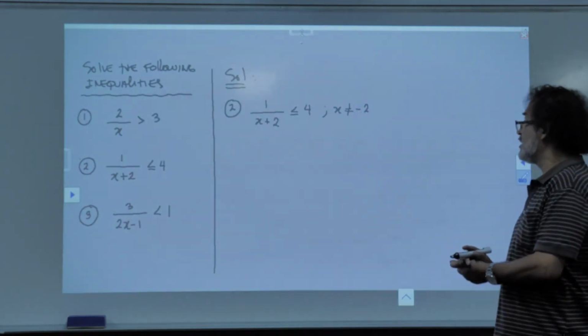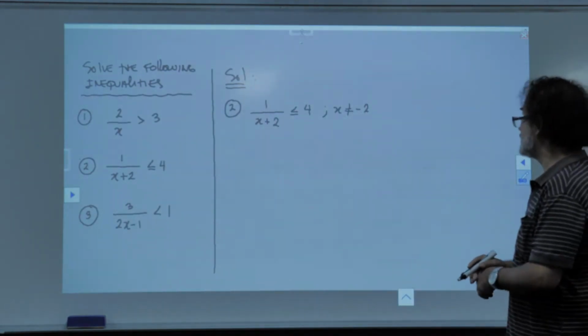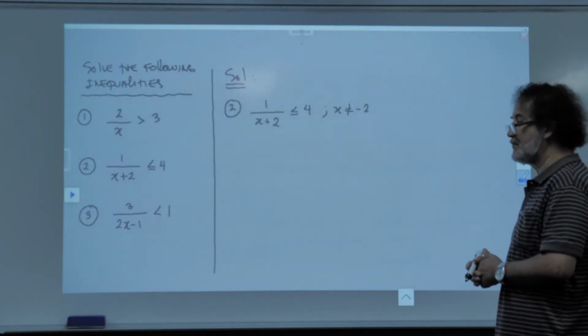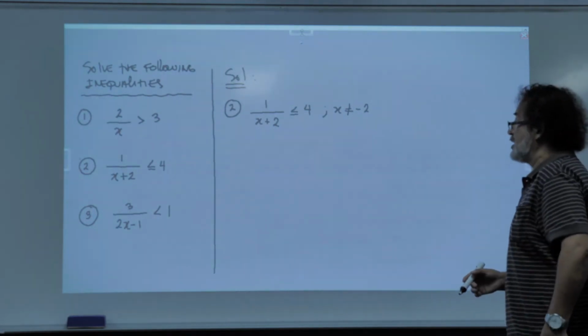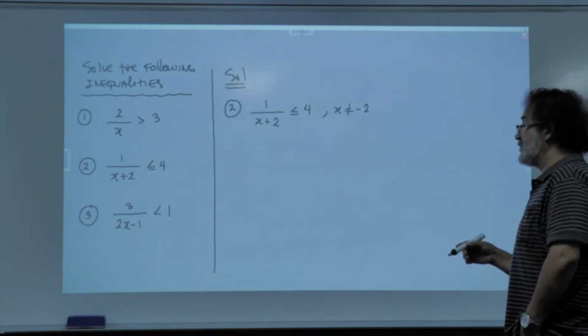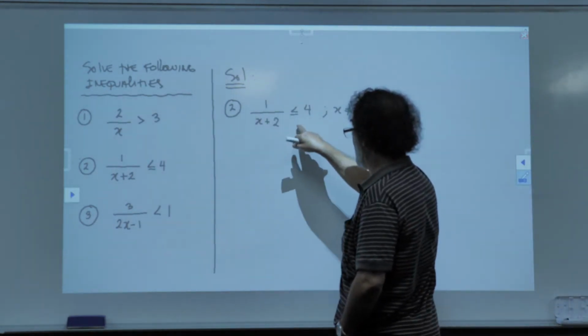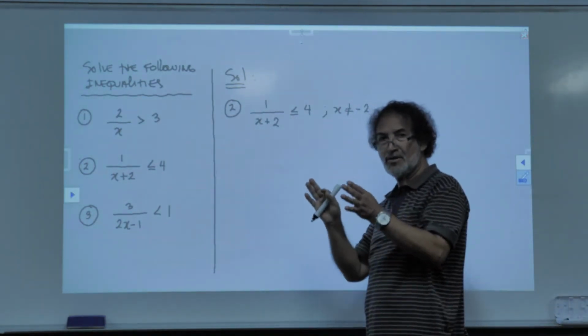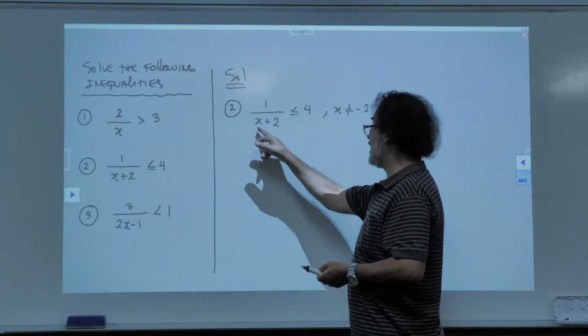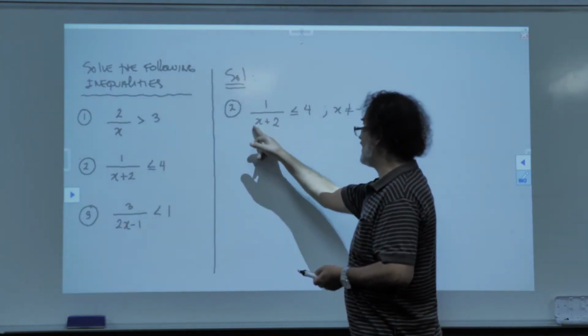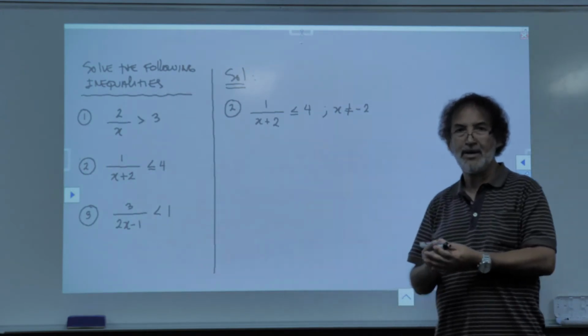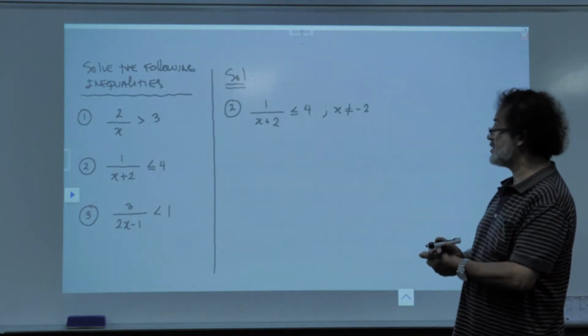Then we're going to multiply both sides by (x+2) squared. We cannot multiply by x+2 because we don't know whether that is a positive or negative number, so we multiply by (x+2) squared.